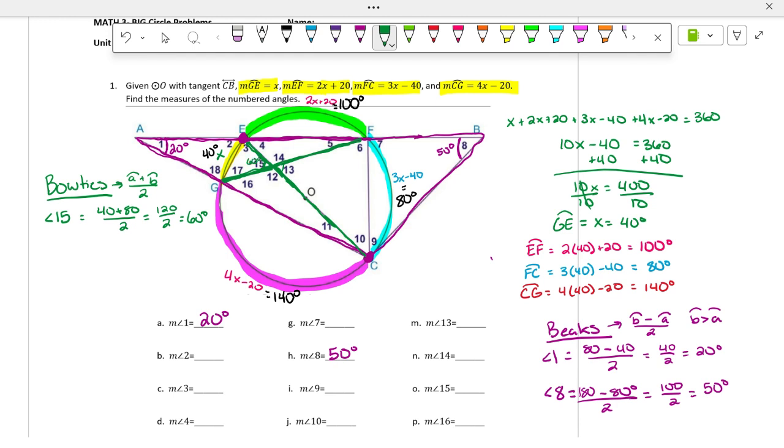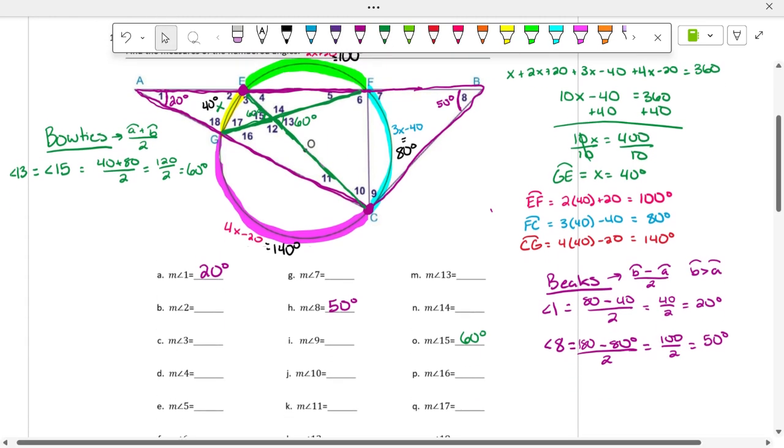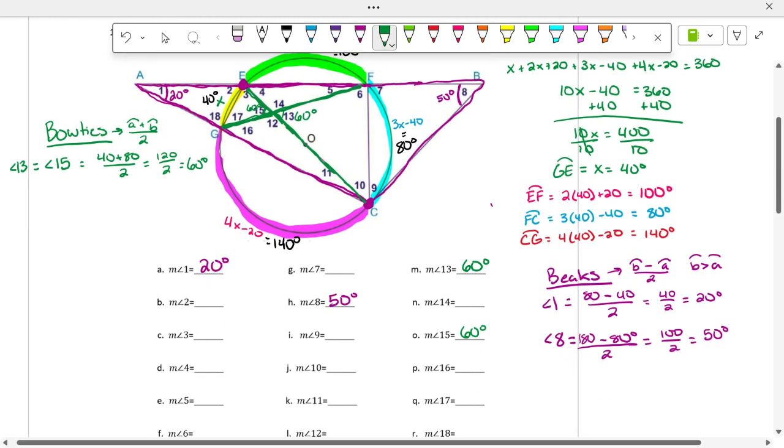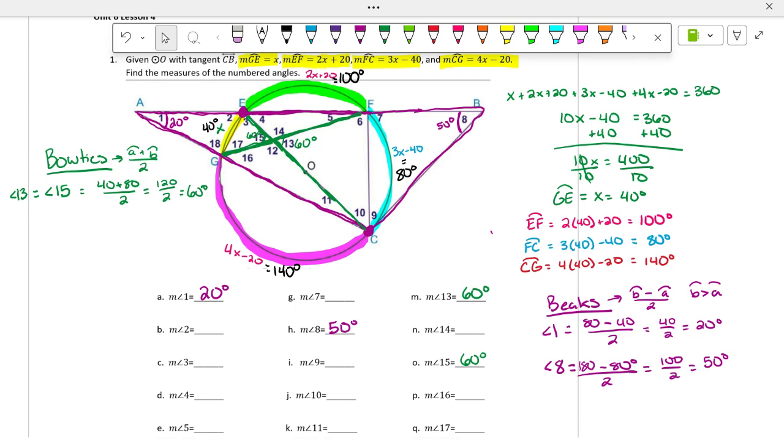Now, not only is 15 60 degrees, what else is also 60 degrees? 13. So 15 and 13 are the same angle. So you fill that in for both. What's another set of bow tie? 14 and 12, and they're going to be congruent to each other. So, what's the ice cream for 14's cone? 100.